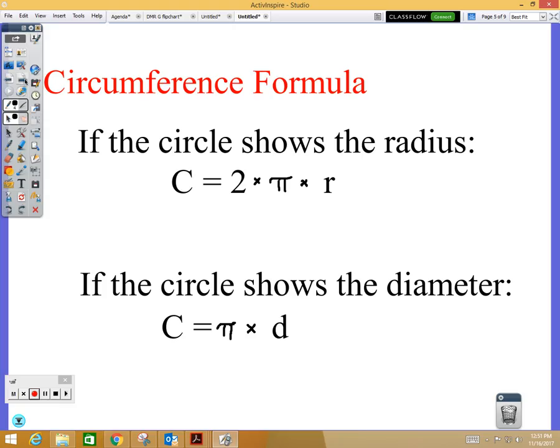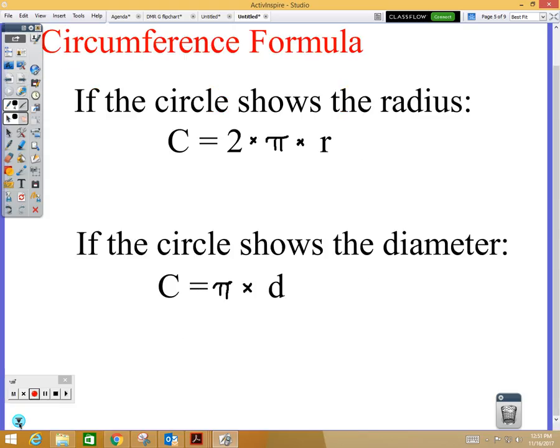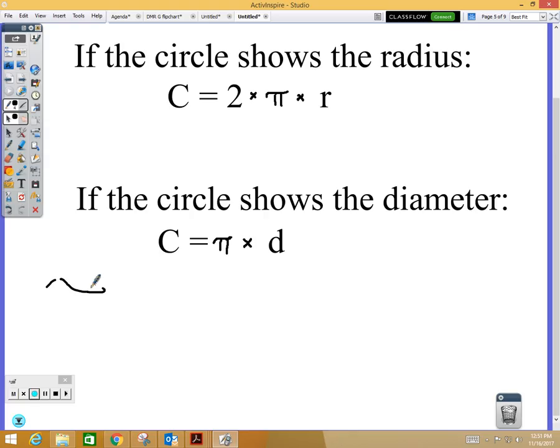So it makes sense. We also talked yesterday about what number do we use for pi? 3.14. So that's an estimation of pi. Okay, we're going to use 3.14.